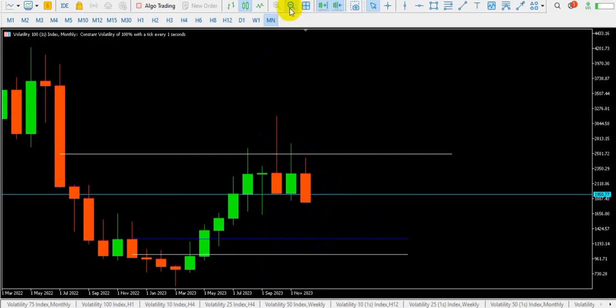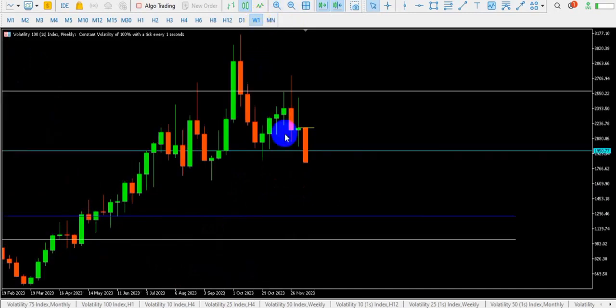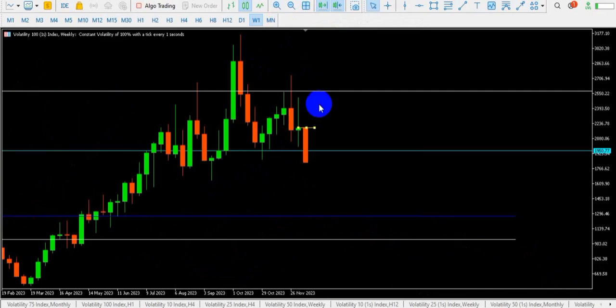So now if we cycle down to a weekly time frame, what do we see? What do you see? So now on the weekly time frame, this is the extended line of that monthly bullish order block.